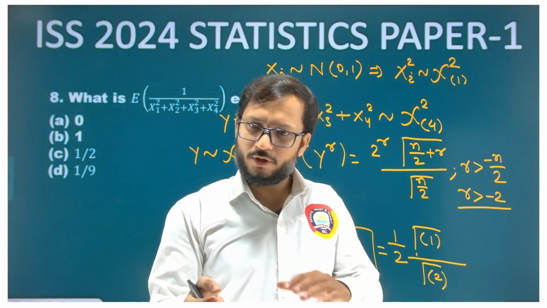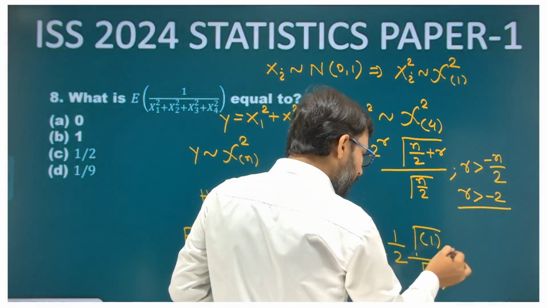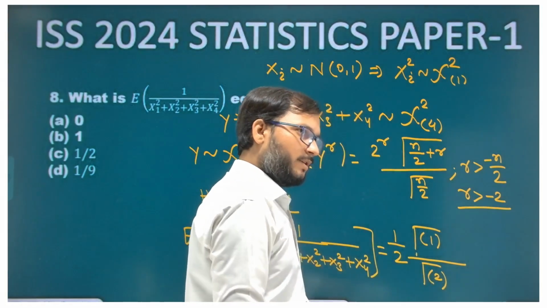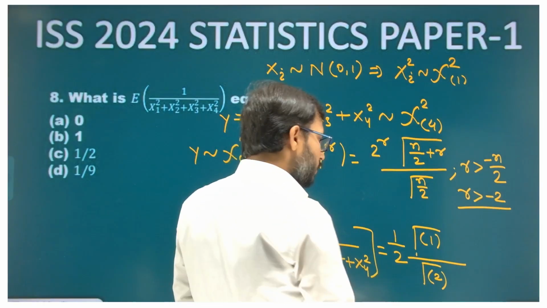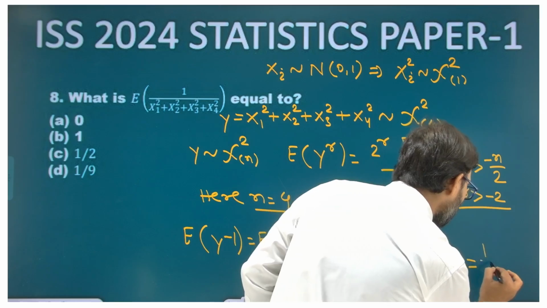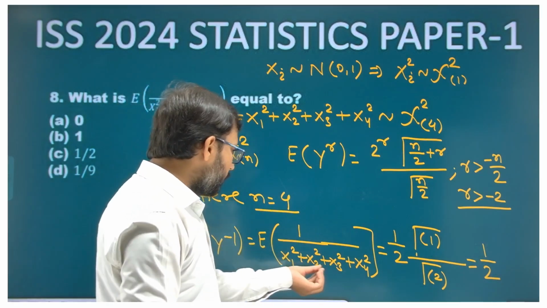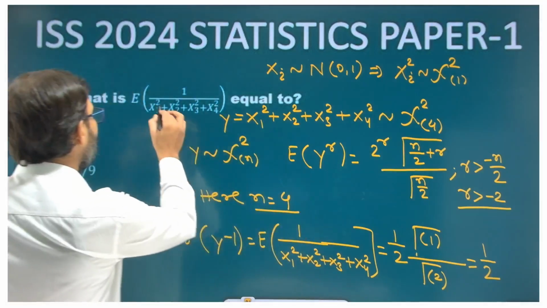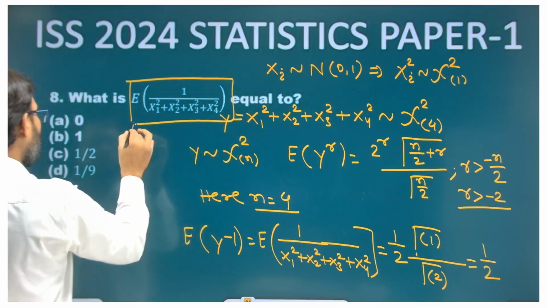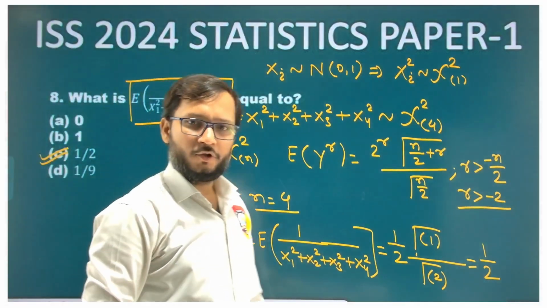So this is factorial 0 and this is factorial 1. Factorial 1 is equal to 1, and factorial 0 is equal to 1. So this becomes 1, and the value is 1 by 2. So expectation of y to the power minus 1, that is the expectation asked, is 1 by 2. So the answer will be C, the value is 1 by 2.